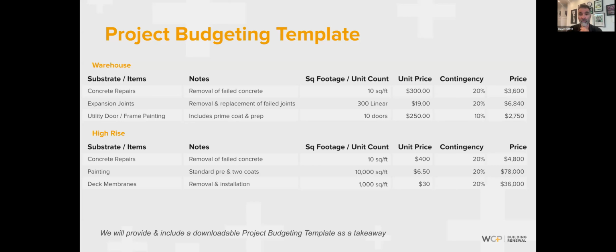That could be much higher, depending on what membrane is on there, and it could be lower. But that's a good number with a good contingency. So yeah, we're going to provide all sorts of scenarios for you to use on this budgeting template, and you can start the conversation with your stakeholders.